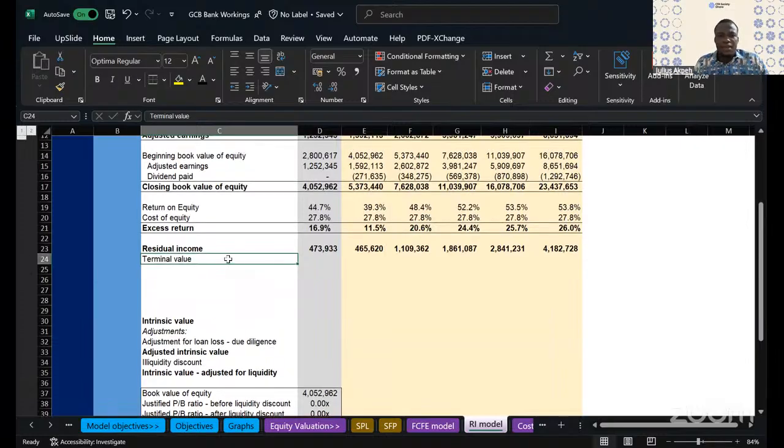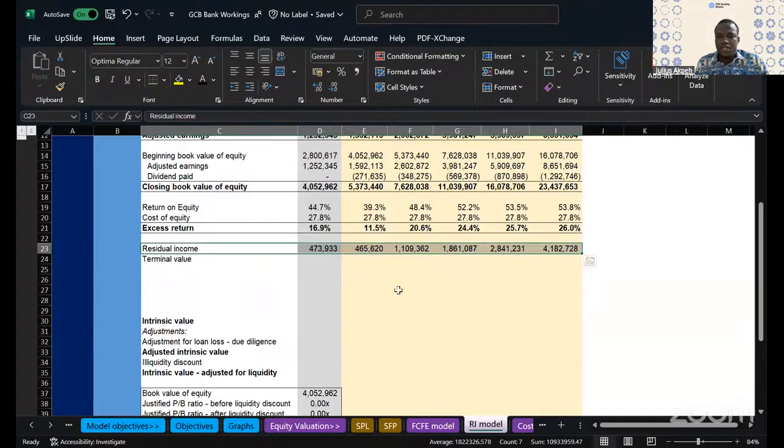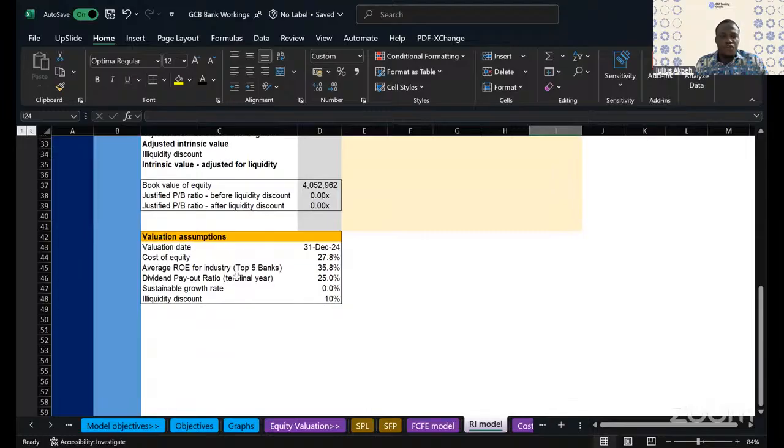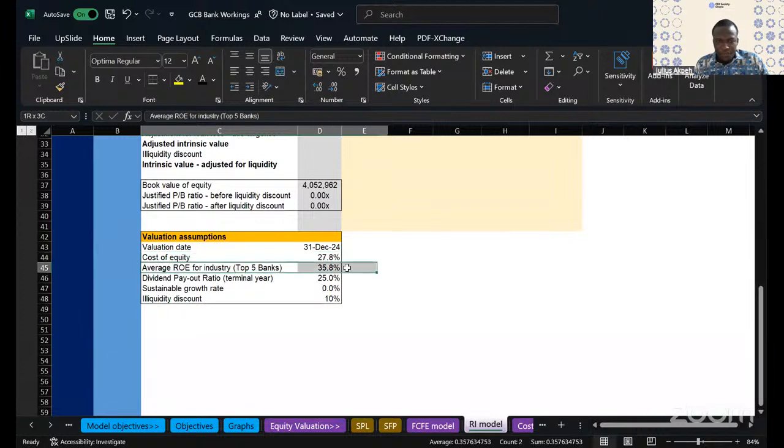Now, we can do the terminal value computation, and it can be done this way. We need to look out for the persistence factor, right? So currently we have the valuation date, which is still relevant. We have the cost of equity, relevant, and average ROE for industry banks.